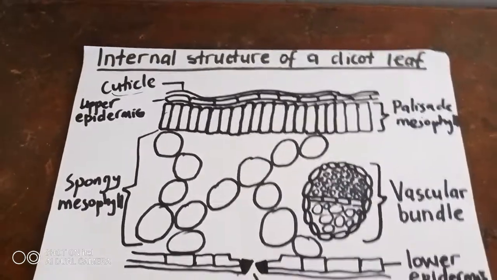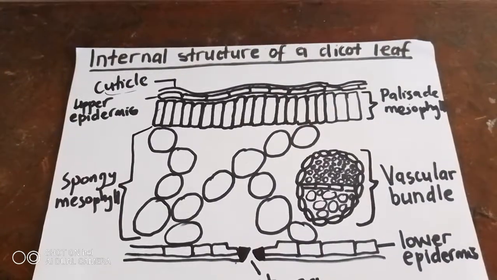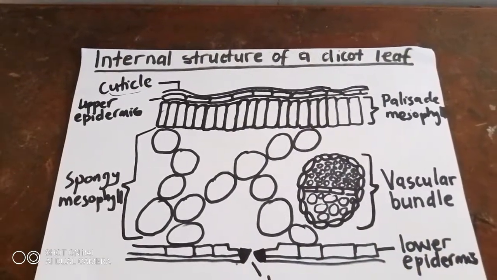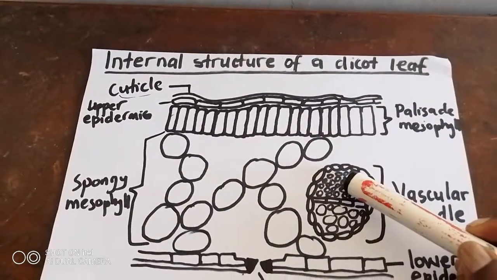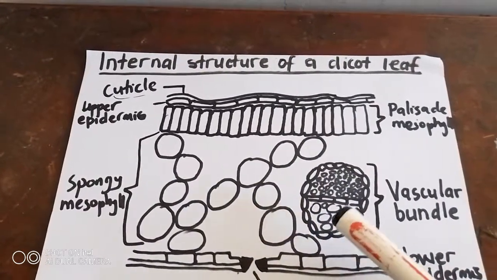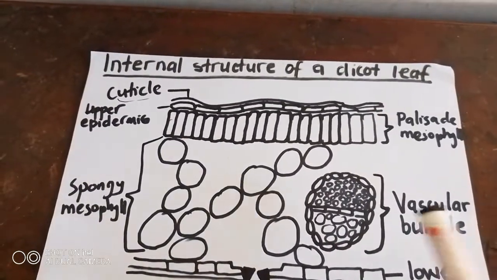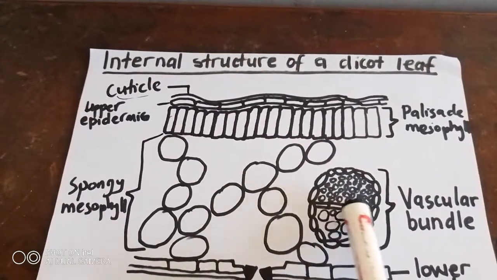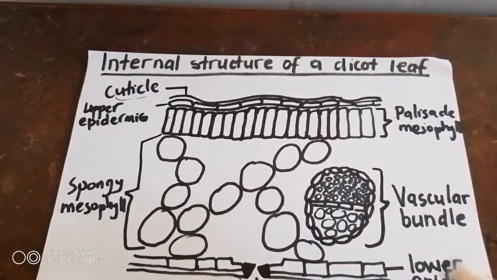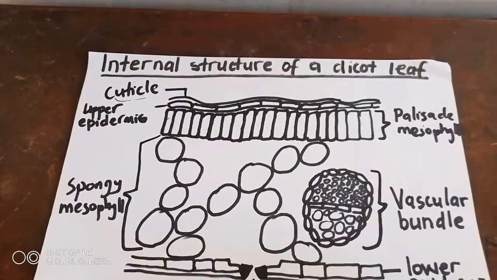The next part that we can look at is the vascular bundle. The vascular bundle contains what we call the xylem vessel, which is on top, and also the phloem vessel, which is below. Right. The two are separated by what we call the cambium, and this cambium is the one that produces new cells for these vessels.